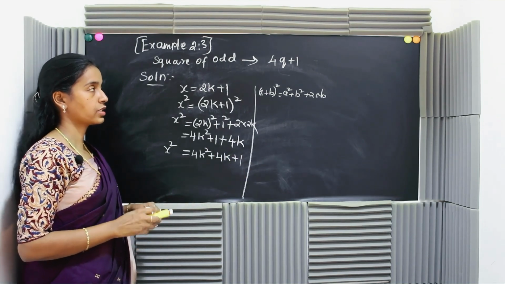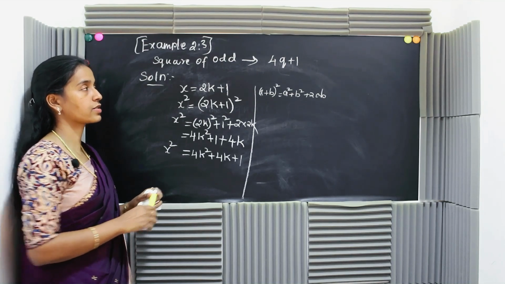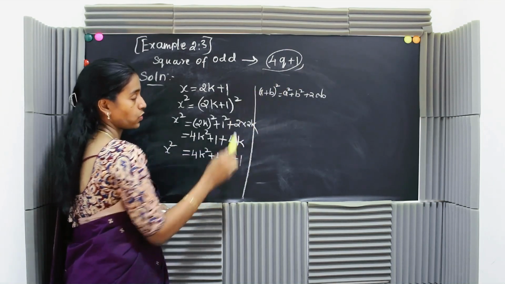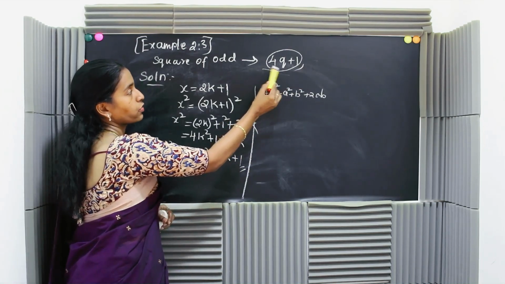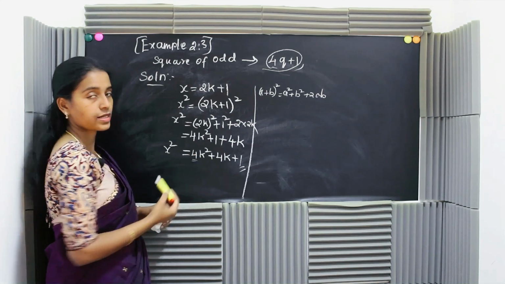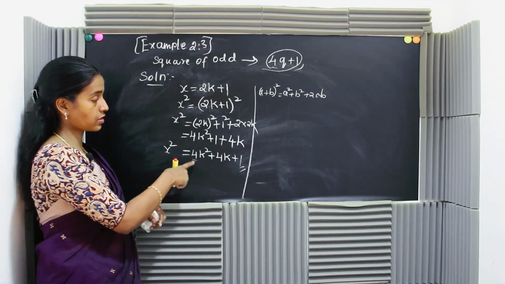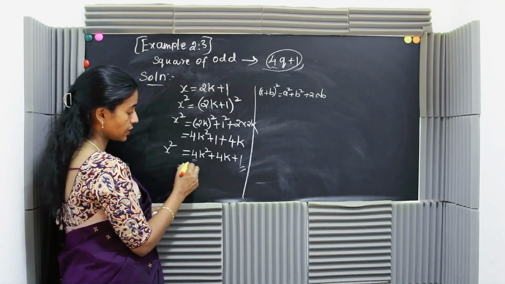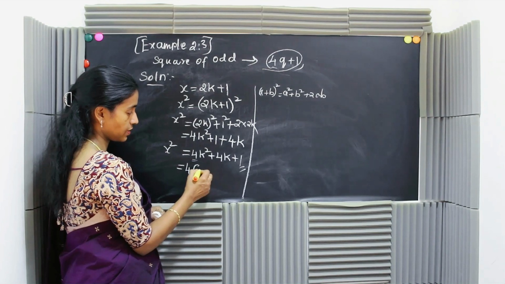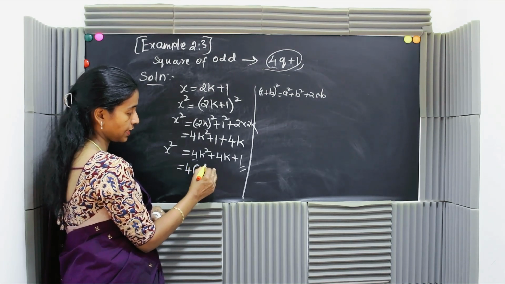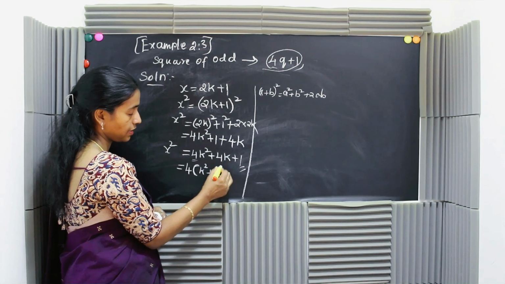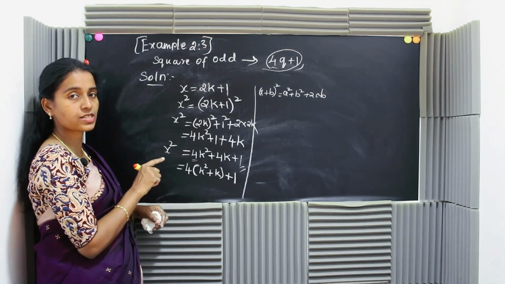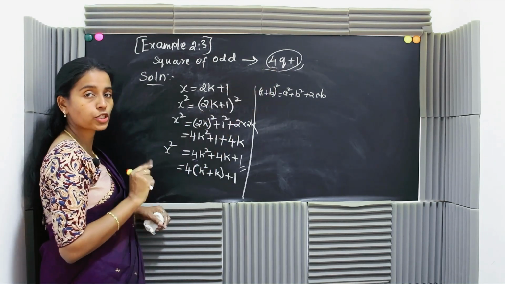Here, in the question, the answer should be in the form of 4q plus 1, right? So I have got this 1 here and 4 also. 4 is common in both terms, so I'm going to take 4 outside. If I take 4 outside, what would be inside? k square plus k. Somehow we have got the same format as given in the question, 4q plus 1.